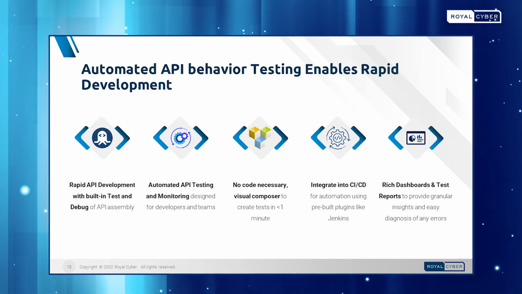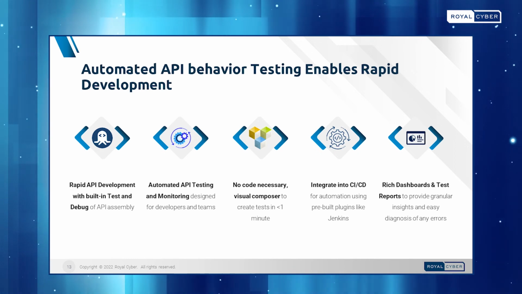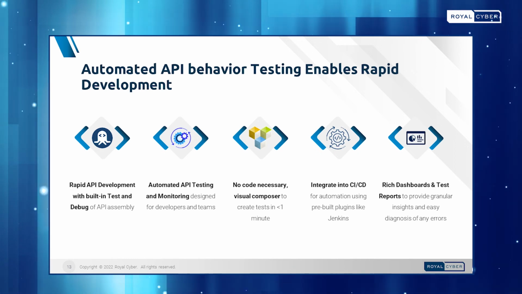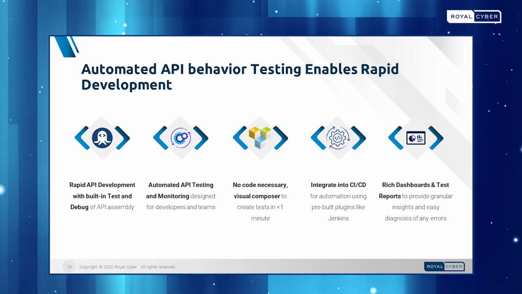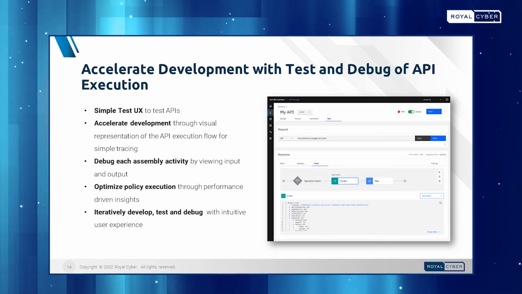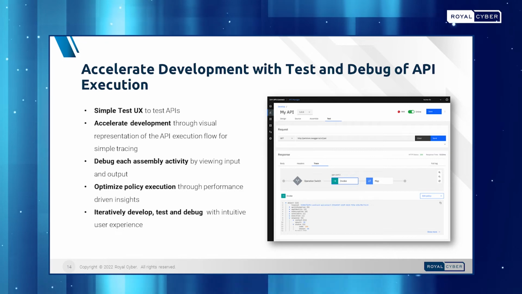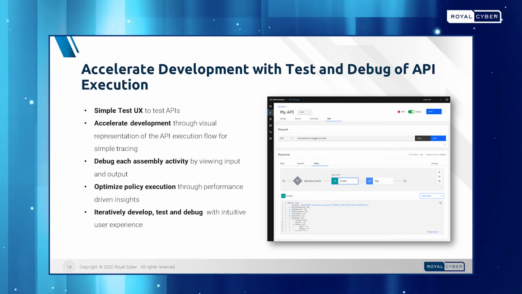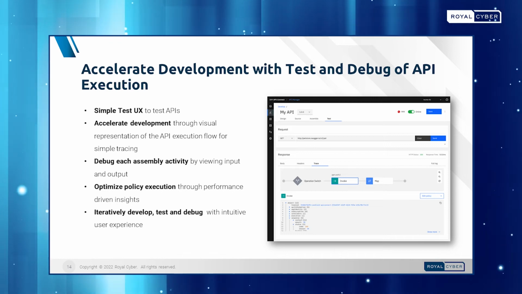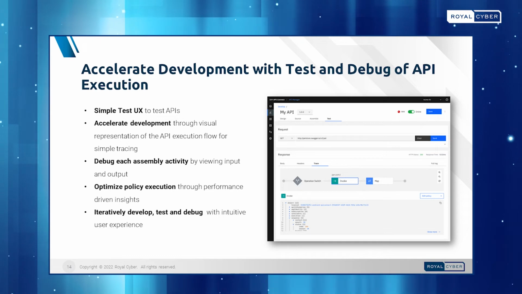The other benefit is that these test cases can be integrated with CI/CD, so you can trigger them from whatever CI/CD tool you are using. This is a nice UI of API Connect test and debug. It is simple to use, and from it you can see that at every step of your assembly, you are able to debug and test this API.